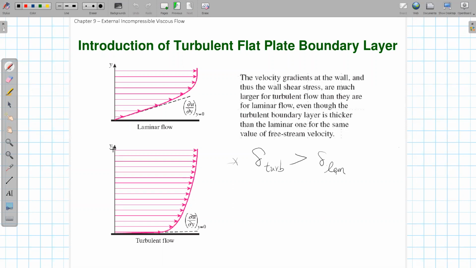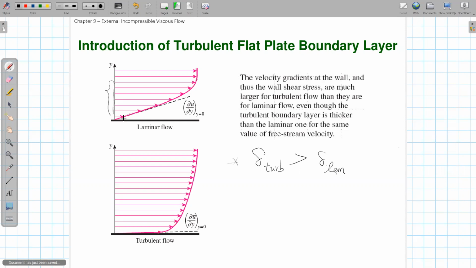The second thing for turbulent flow is the velocity profile. This is what the velocity profile looks like in laminar flow, and for turbulent flow the velocity profile will look different.